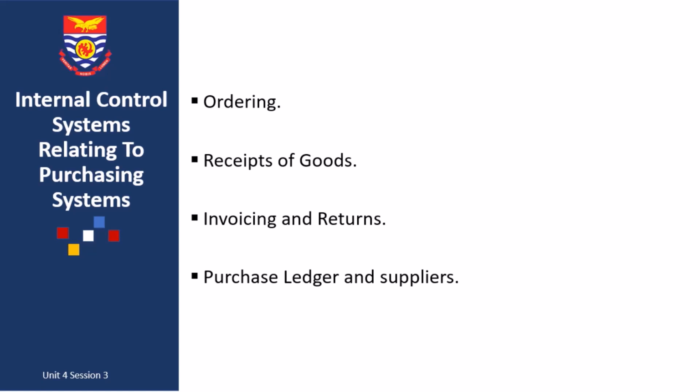Now, when we come to the receipt of goods as the second step. What you have ordered, you have now received. What are the internal control systems that have to be implemented? So goods inward centers should be identified to deal with receipt of all goods. So you have the goods inward center, and these people have to be identified to acknowledge the receipt of the goods. Now, all goods should be checked for quantity and quality.